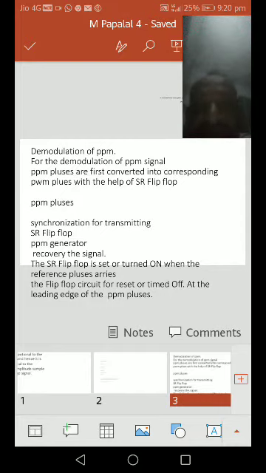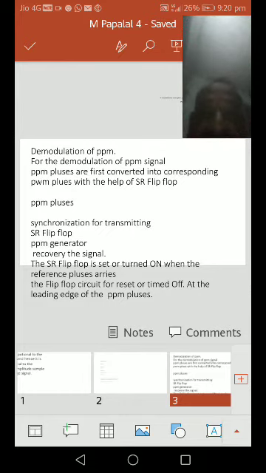Then the sequential pulses coming from the message signal are given to the SR flip-flop, synchronized for the transmission of each sample voltage, to recover the original signal.